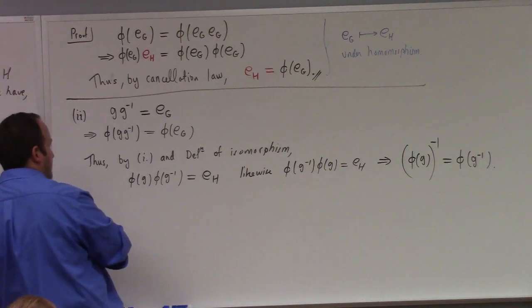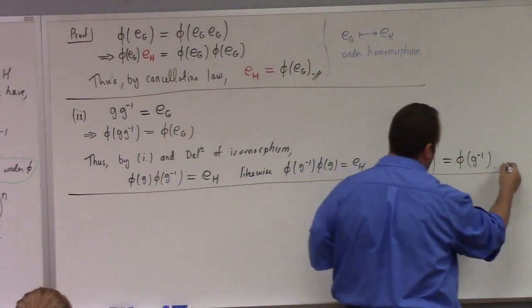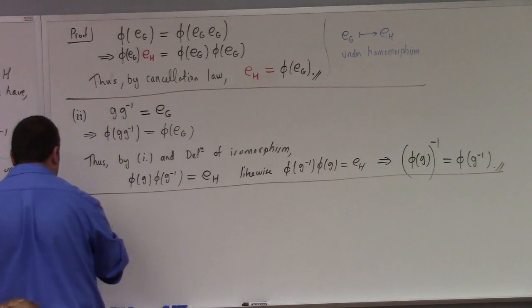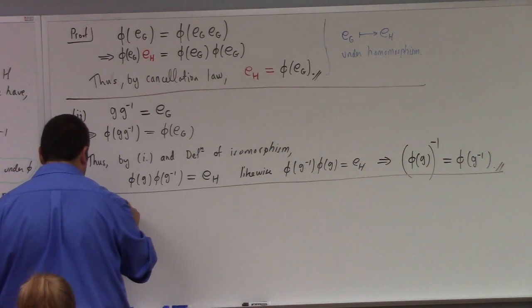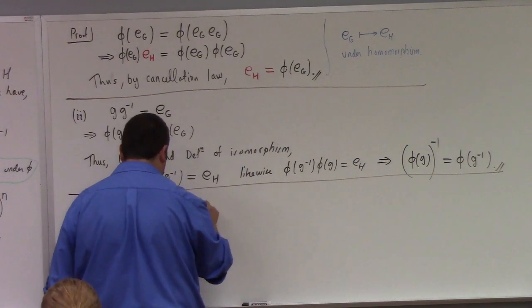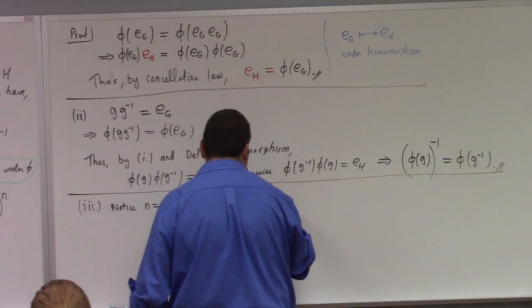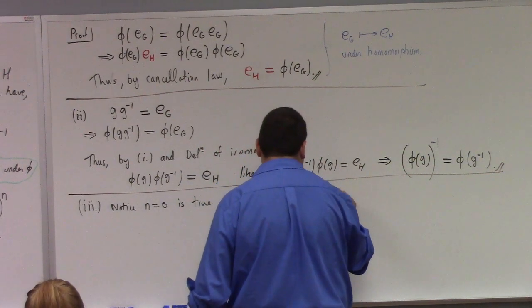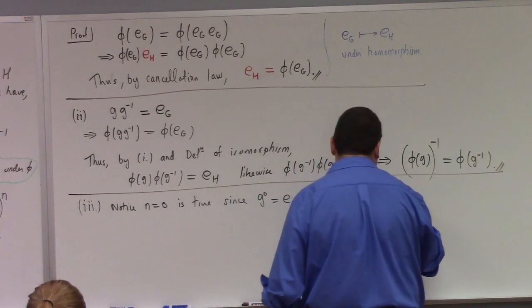And finally, last but not least, part 3. Let's work on part 3. Here we're going to have to break into cases a little bit. Notice n equals 0 is true since g to the 0 by definition is e sub g, and phi of g to the 0 is by definition e sub h.